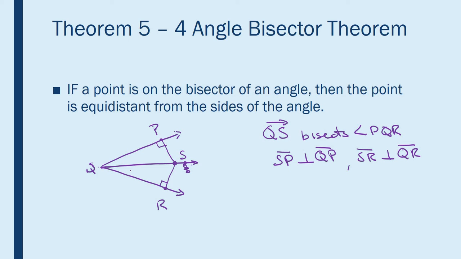If all of this is true, if this bisects the angle, and if this point is drawn so I can measure a perpendicular distance, I can then say that SP equals SR. Okay?